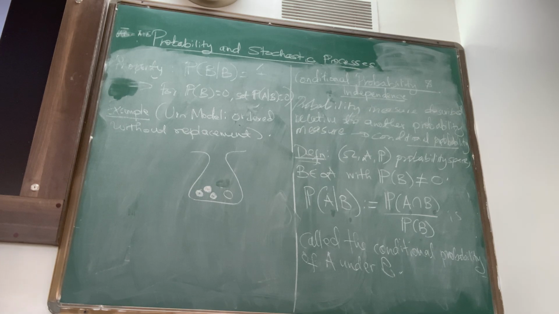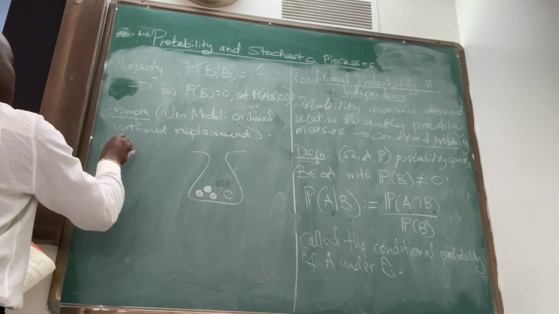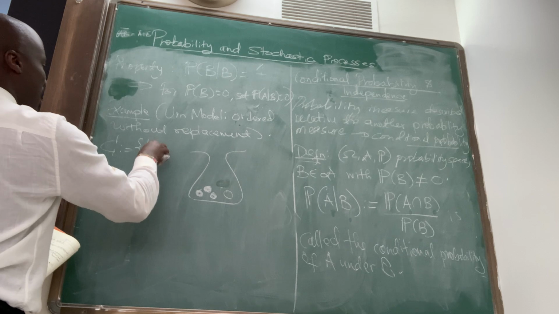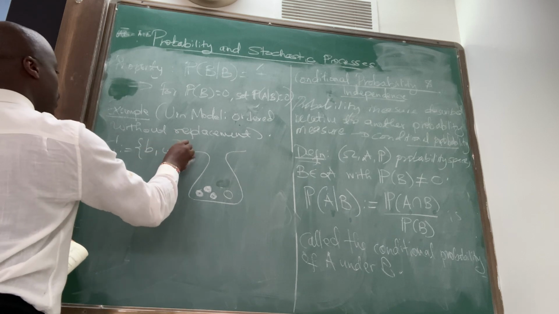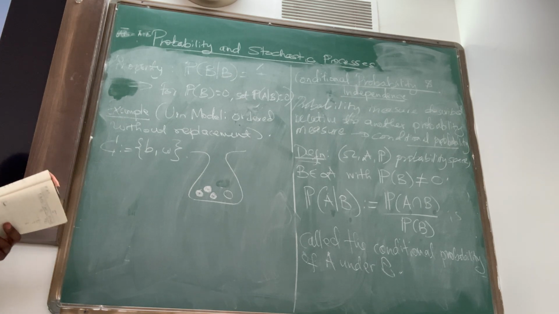So what you're going to do is pick a ball inside without replacement, yeah? We're going to pick a ball inside without replacement. So our urn consists of what? Let me just say black and white balls, yeah? Black and white balls.